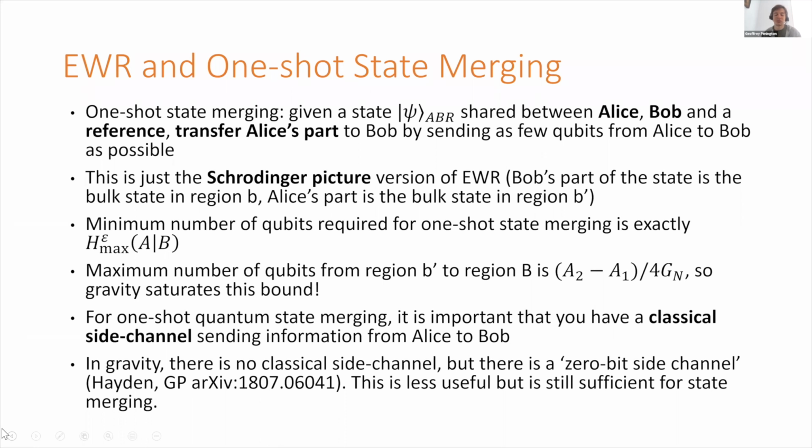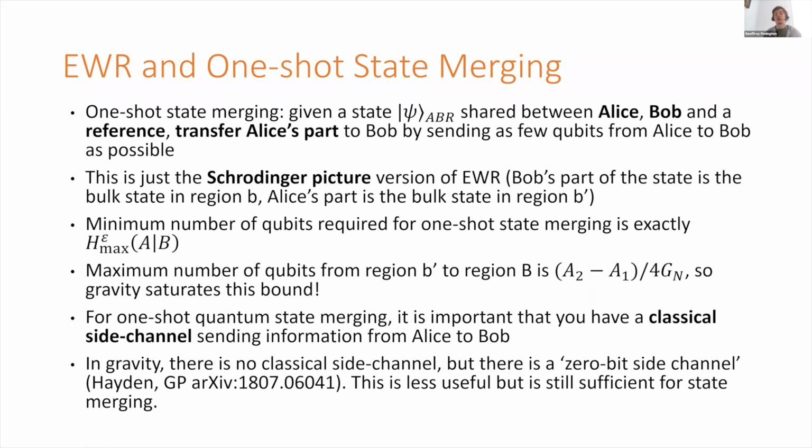Yes. But what is your statement, third from the bottom on the slide, maximum number of qubits is A2 minus A1 over 4GN? Yeah, let's say the classical space-time is well defined, but I get to decide what the bulk state in it is.